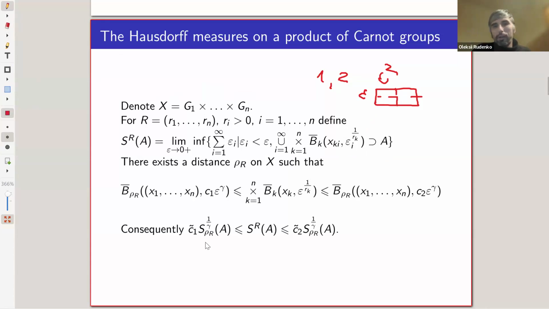In fact, it is equivalent to the spherical Hausdorff measure with some distance. We only need such a distance so that we have this. Oh, I'm sorry, here it has to be an inclusion, of course, not an inequality. But that is the idea.